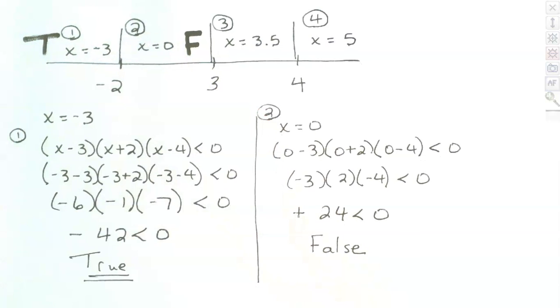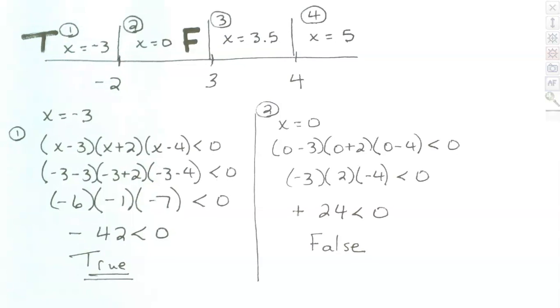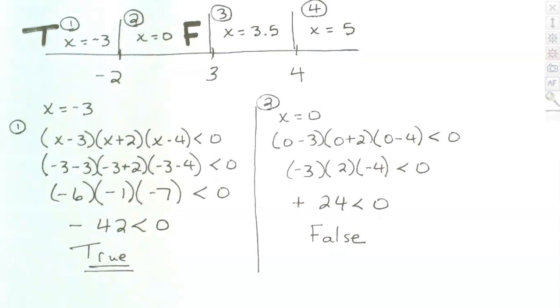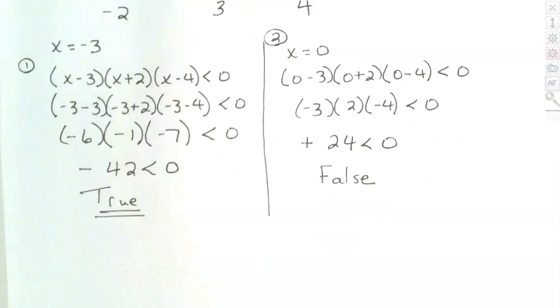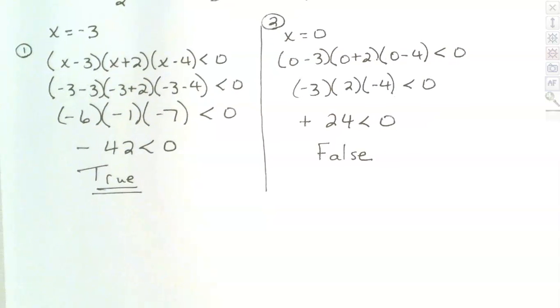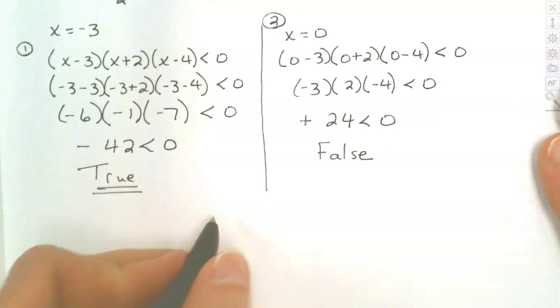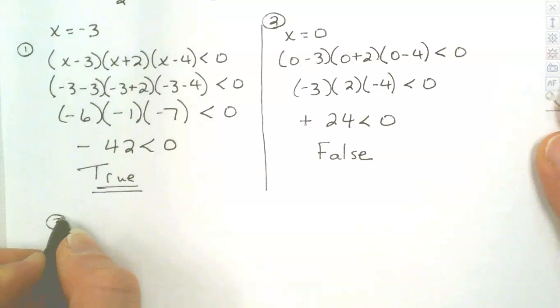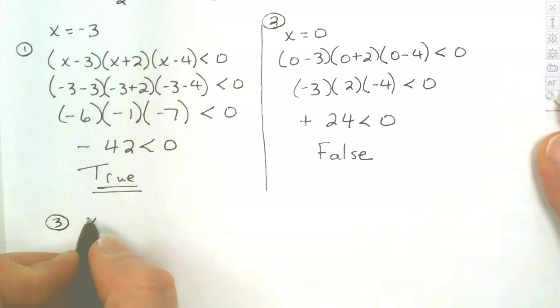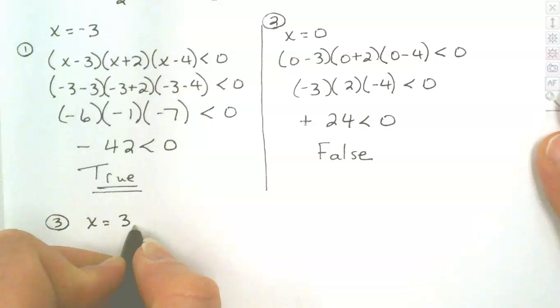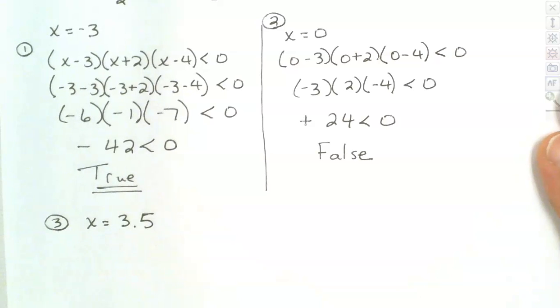They're not really difficult, they're just time consuming. So check every region. We have to do that though. Now we're going to check region 3. So we're going to use that 3.5 because there's no whole number in there. So we have to use a decimal.